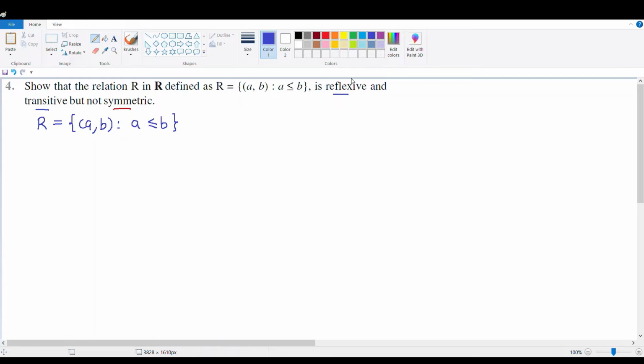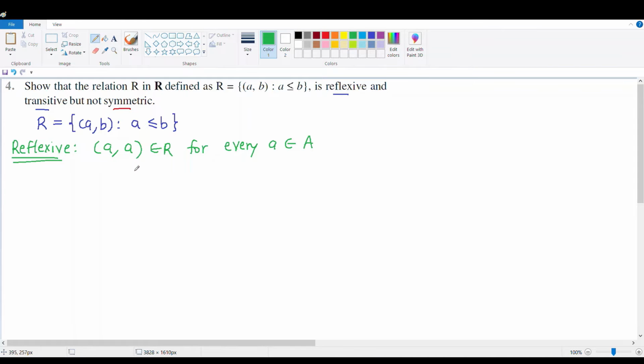We are going to first check for reflexive. Now the definition of reflexive says what? That you must have (a, a) belongs to R for every a belongs to A. Now let's check that (a, a). Will a be less than or equal to a?